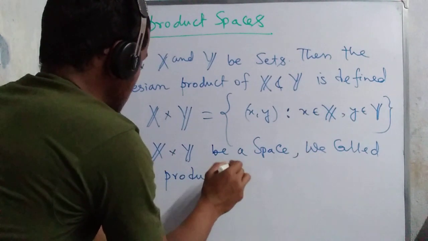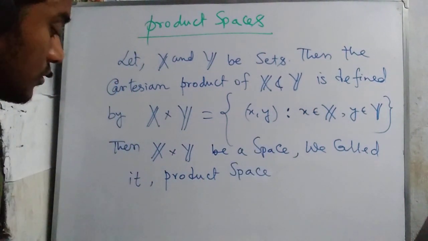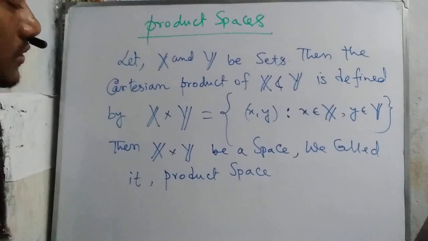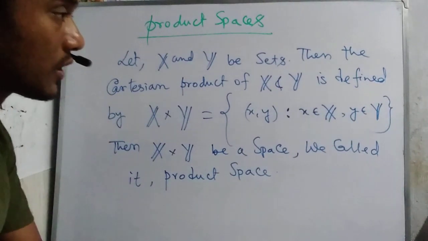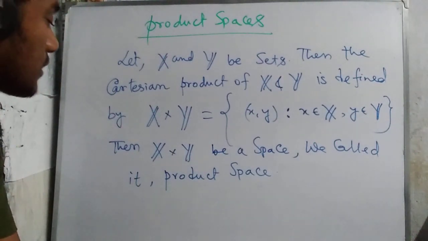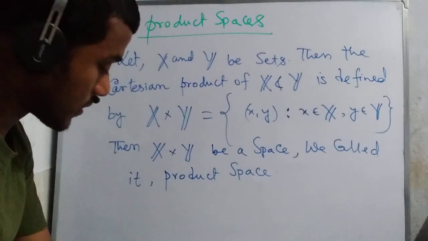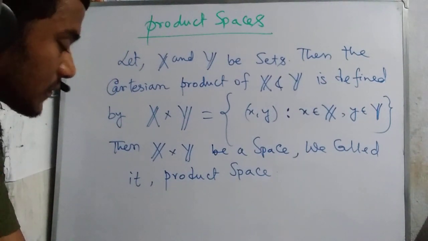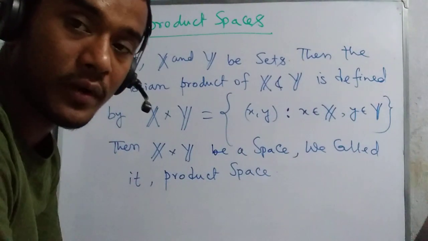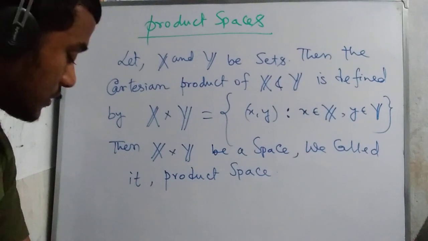We discuss two sets related by a Cartesian product forming one space. Obviously some operation is needed here, but we will not discuss that here.